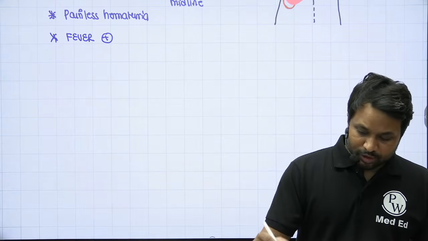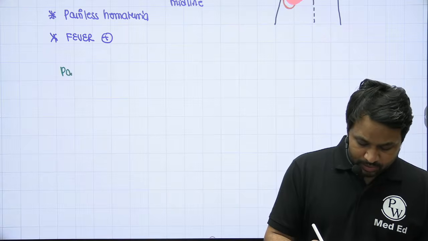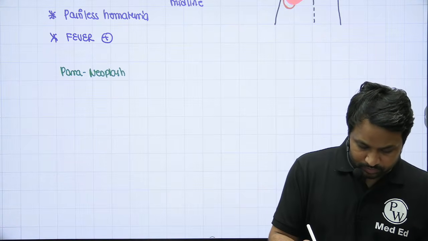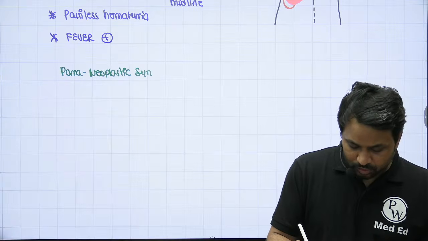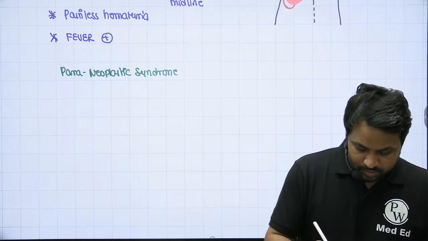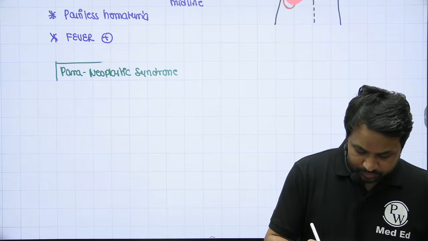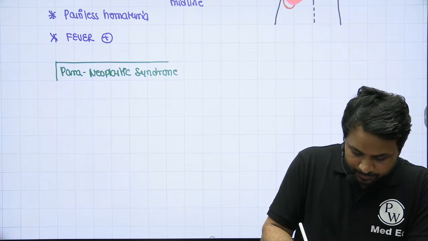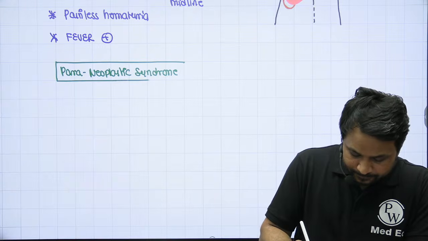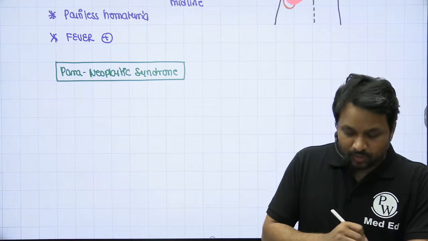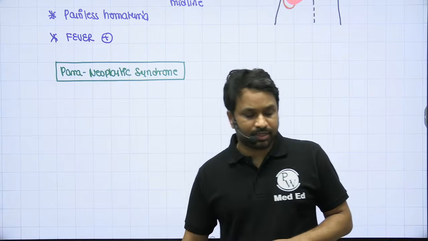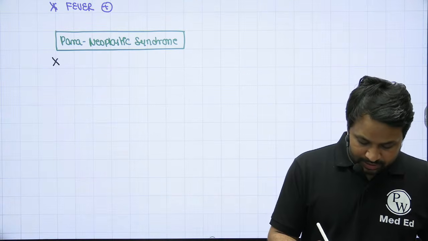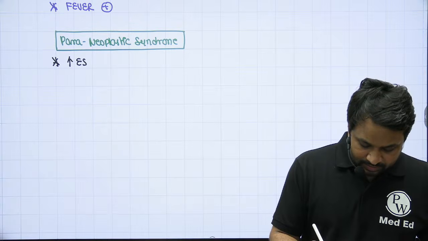Now, in Wilms tumor, it is more associated with the paraneoplastic syndrome. So what are the paraneoplastic syndromes associated with the Wilms tumor? Number one, you will see that there is an elevated ESR.